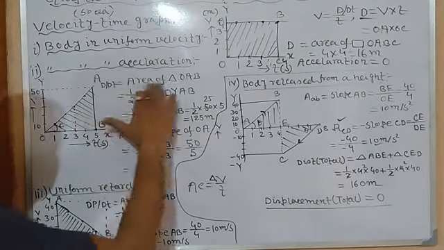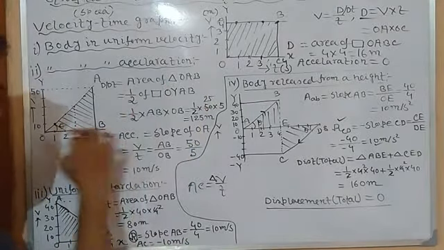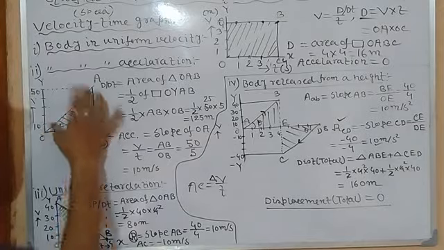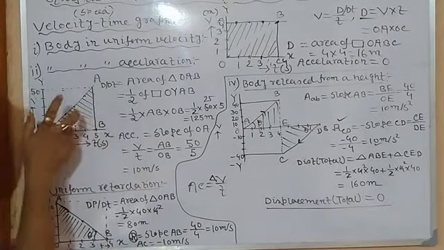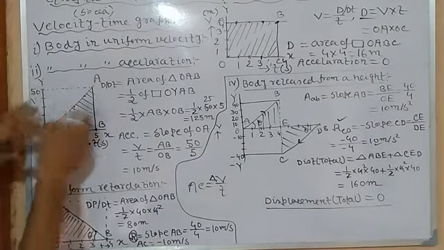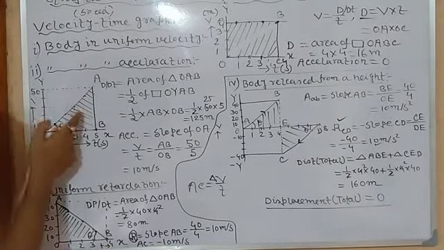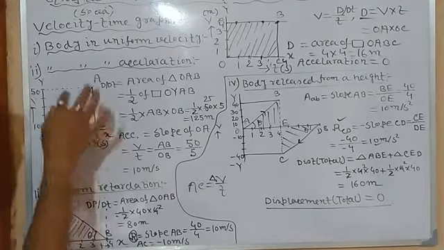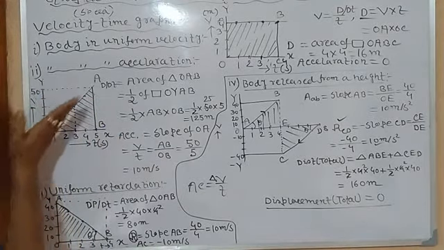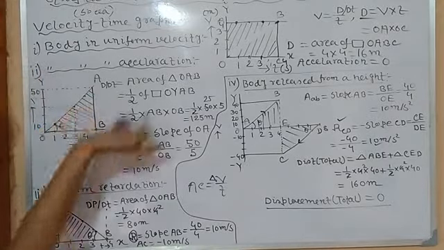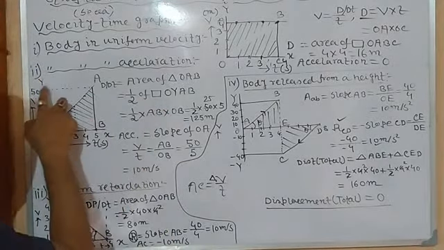Clear? So what is the area of the triangle OAB? Now if we complete the rectangle, you can see it is just half, because this rectangle consists of two equal triangles. Since the diagonal divides the entire rectangle into two triangles, this triangle equals half of the rectangle OYAB.